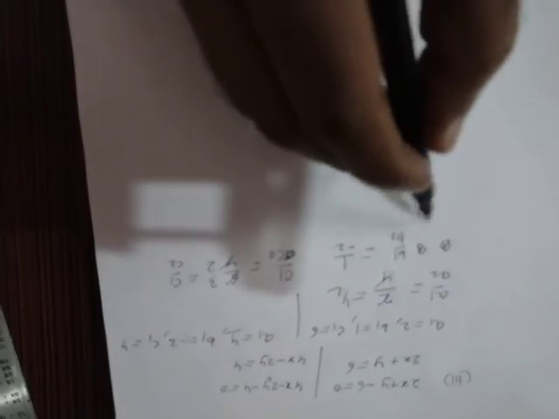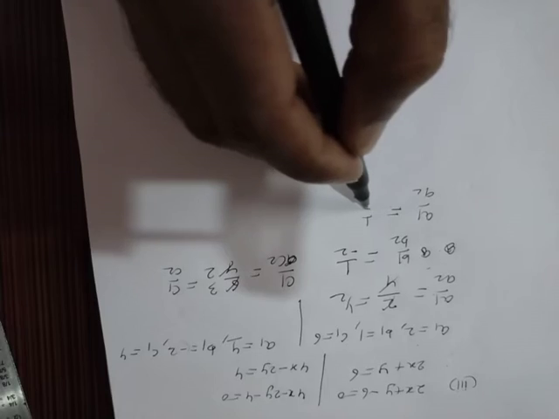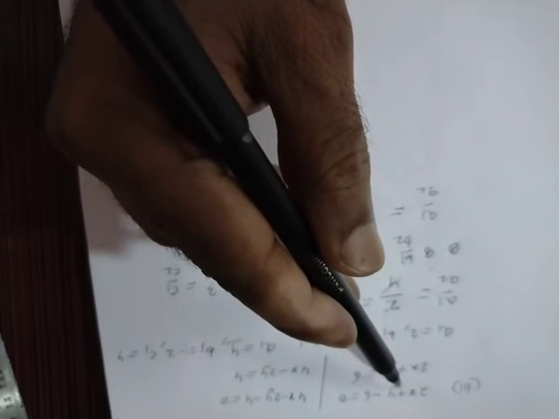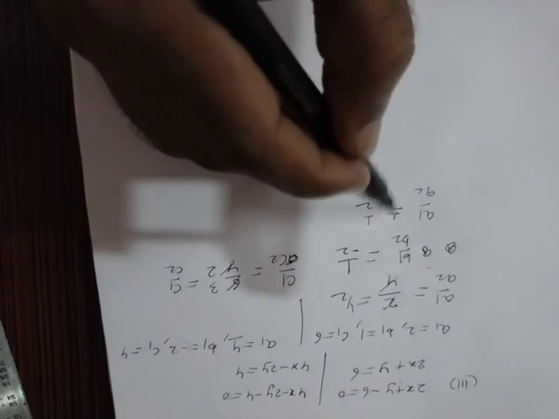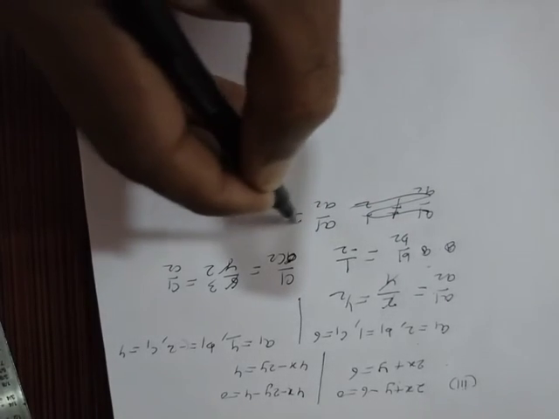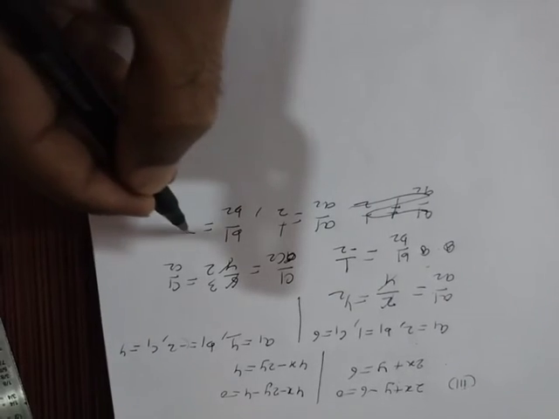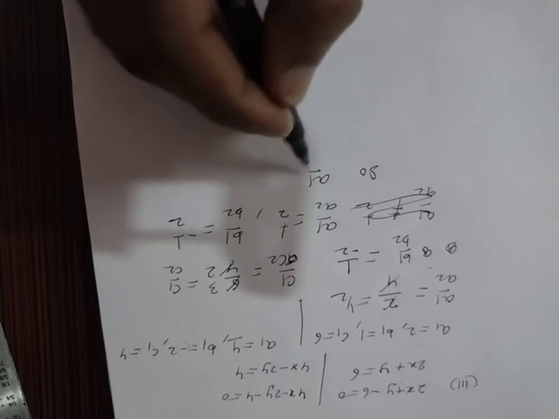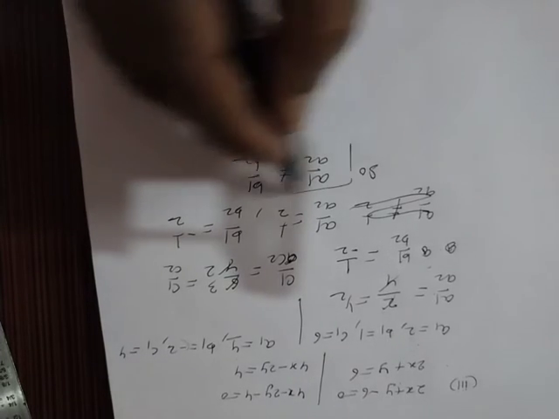Student, a1 upon a2 is equal to 1 by 2, b1 upon b2 is equal to minus 1 by 2. So a1 upon a2 is not equal to b1 upon b2.